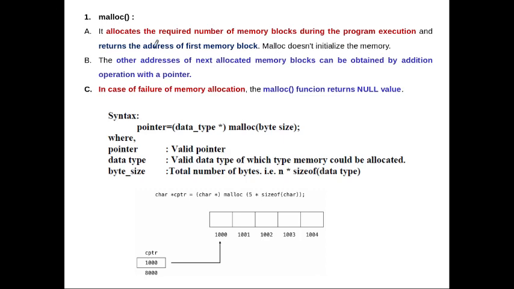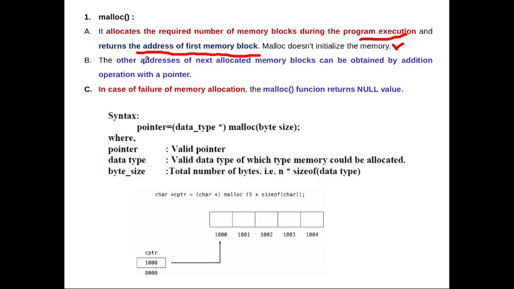Malloc allocates the required number of memory blocks during program execution and returns the address of the first memory block to the pointer variable. Here malloc does not initialize the memory, okay? So the malloc function will allocate the required number of memory blocks and the first memory block address will be returned to the pointer variable.